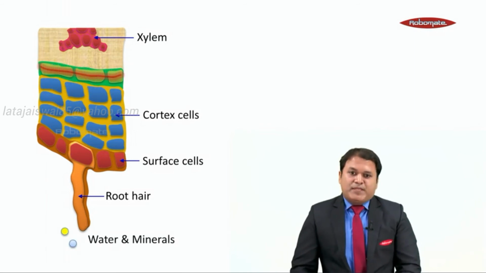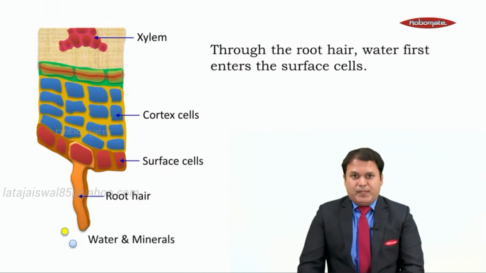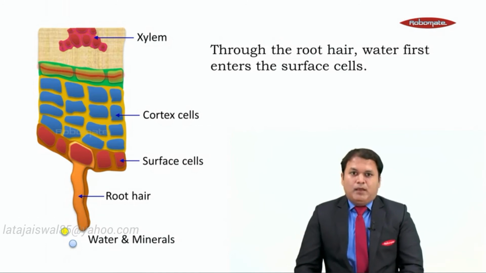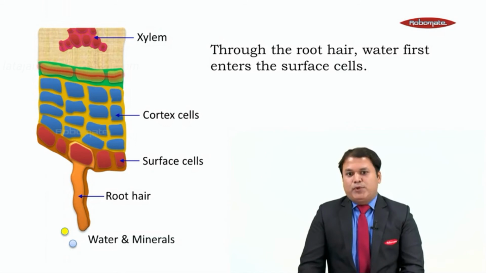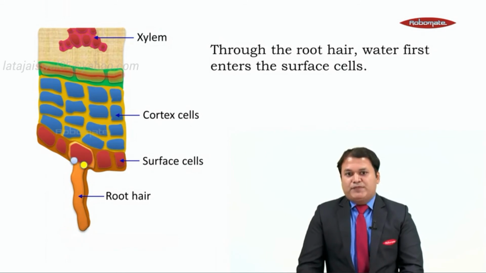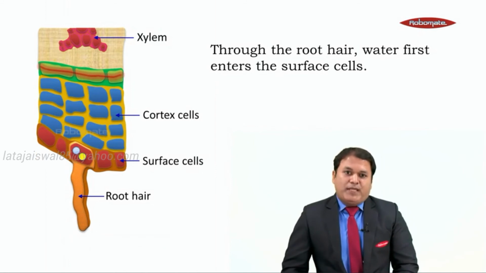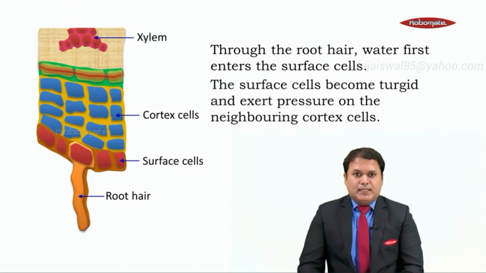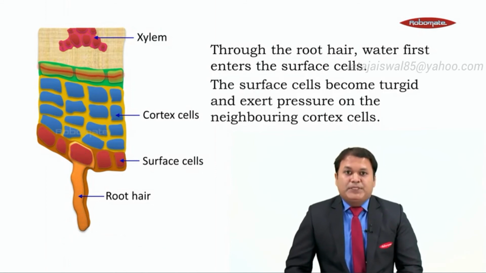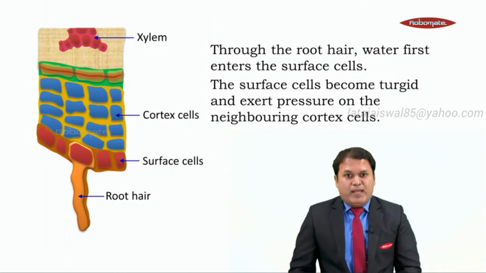Now here we have the mixture of water and minerals. Through the root hair, water first enters the surface cells. So you can see water and minerals from the root hair entering the surface cells. Now when water enters the surface cells, they become turgid, which means they swell up.